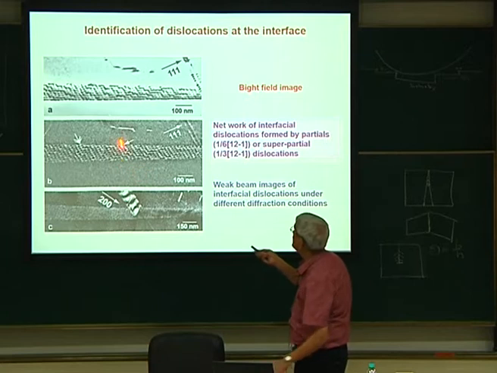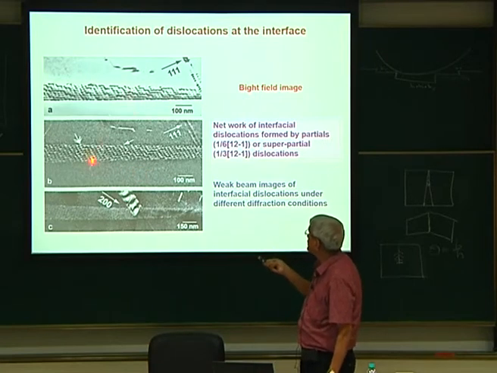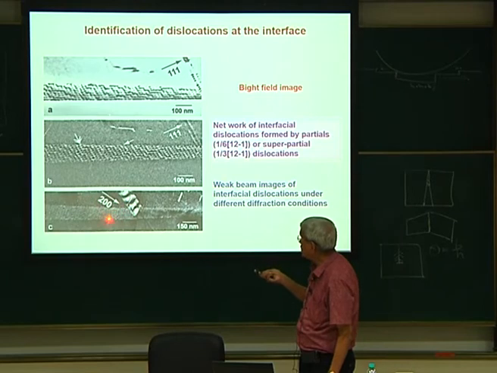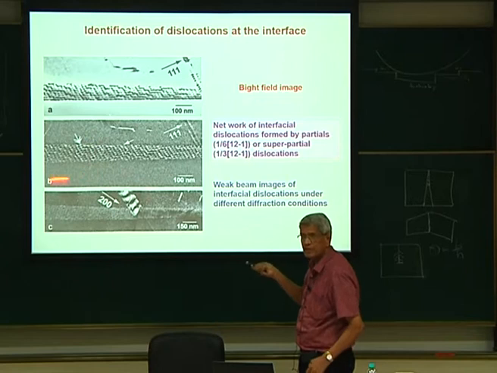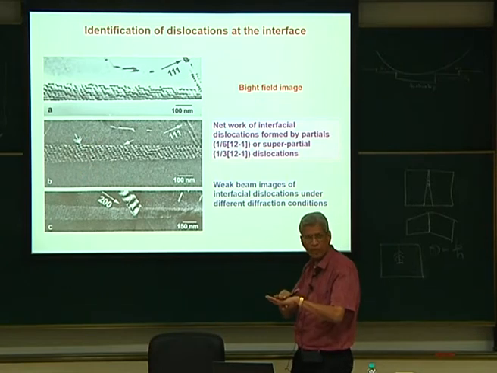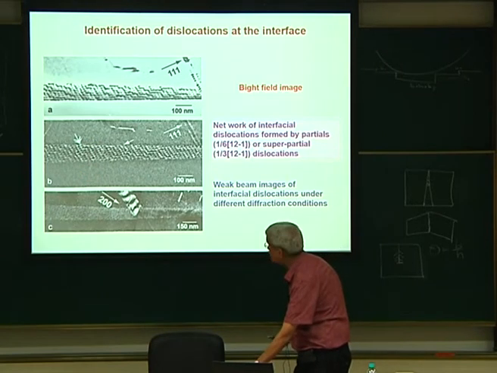Okay. In some of the boundaries, you can see now that there is one type of dislocation, imaged in weak beam, and this is the other type of dislocation. So it is essentially a network of dislocations which has formed, which are perpendicular to each other.